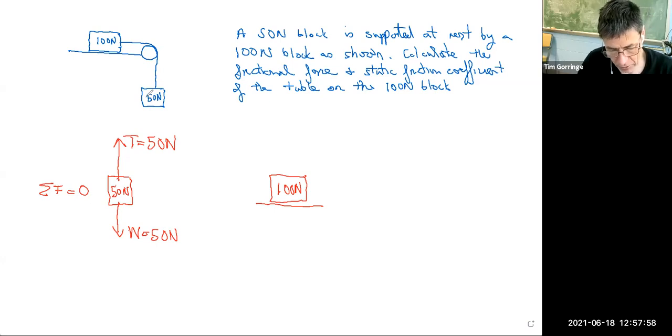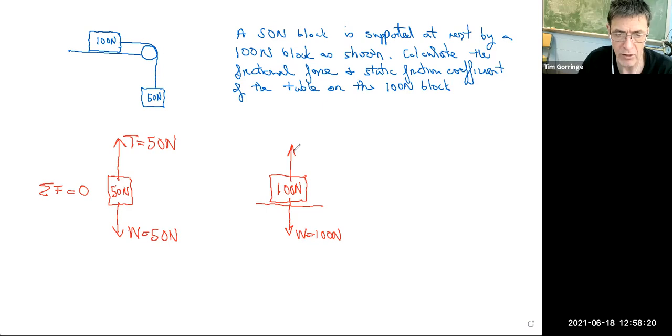So that's the situation for the hanging block. Now the block on the table. So that's the 100 Newton block. So there are several forces acting on it. There's its weight. That's 100 newtons in this case. There's the normal force acting on it that's counteracting the weight.